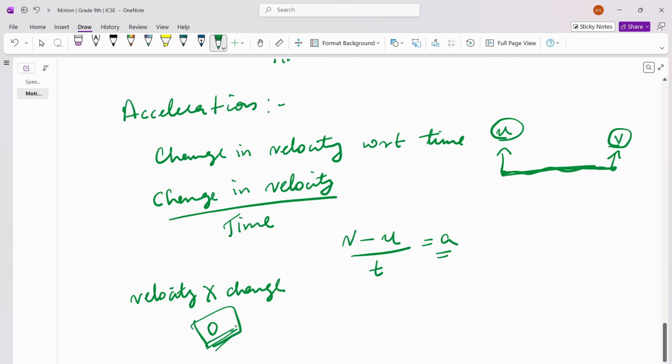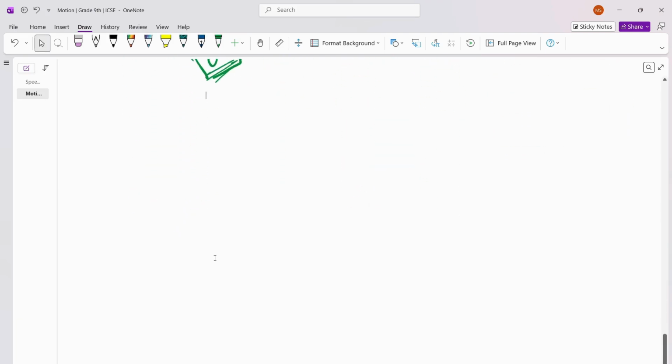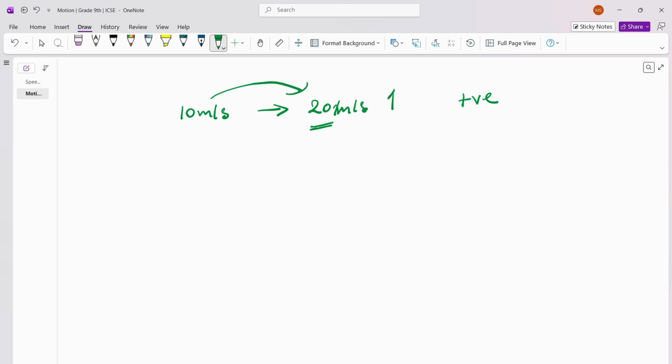Okay, so basically acceleration is not just speeding up. It happens in 3 cases, right? You have a car going from 10 meter per second to 20 meter per second. In this case, the acceleration is positive because the velocity is increasing. Now consider the car is moving from 20 meter per second to 15 meter per second.